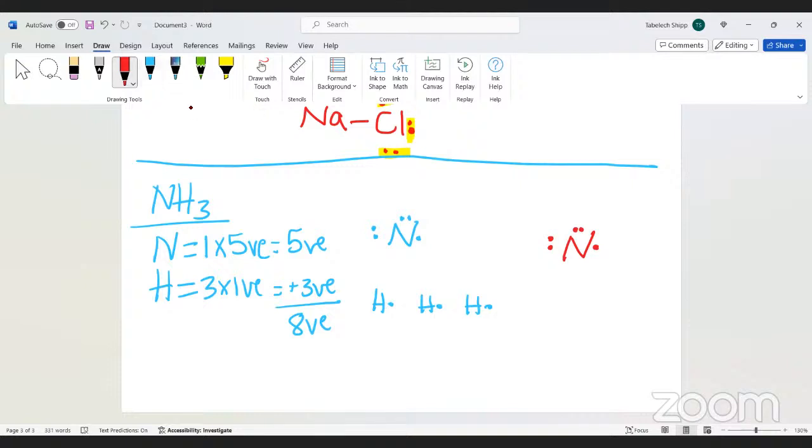Now, remember, here's another little trick. Nitrogen has 5, right? What is the charge on nitrogen? If I were to ask you that question as a homework question or as an in-class question, and if you had access to the periodic table, you would tell me nitrogen has a charge of -3. And guess what?